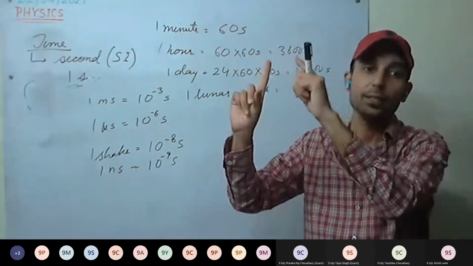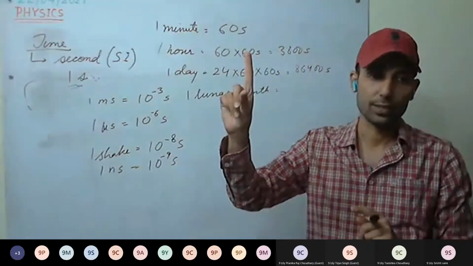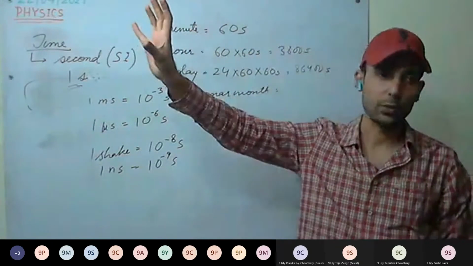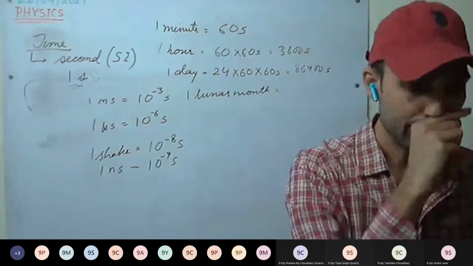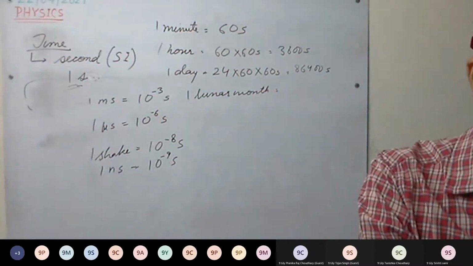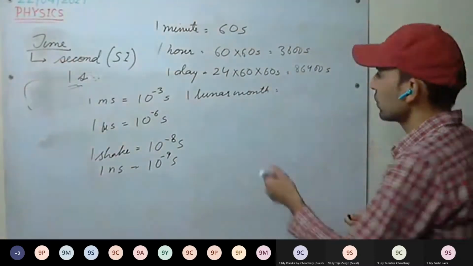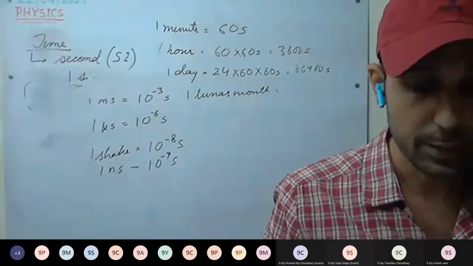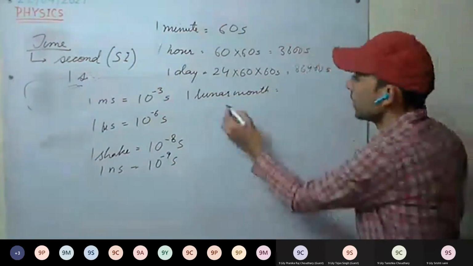The time taken between two successive new moons, when it again appears to be new moon, we call 1 lunar month. So how are we defining lunar month? A month measured between two successive new moons.